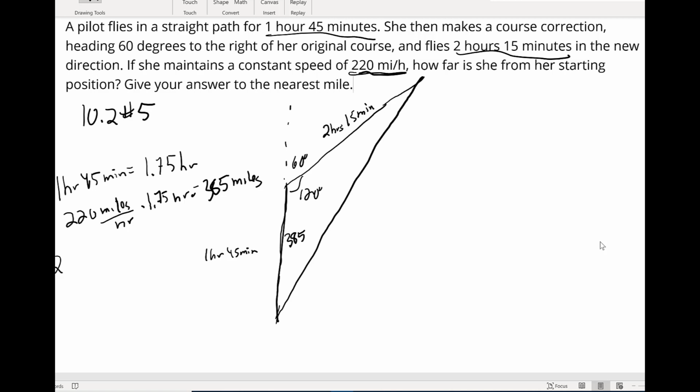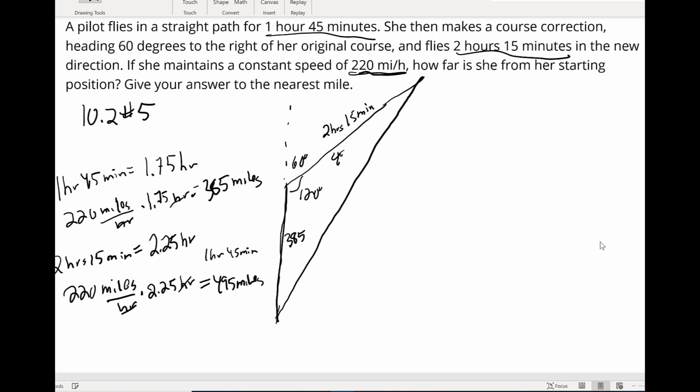And then 2 hours 15 minutes is the same as 2.25 hours. So do 220 miles per hour times 2.25 hours. Hours cancel. Anyway, you end up with 495 miles. So this side is 495.